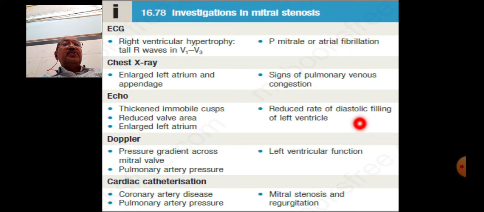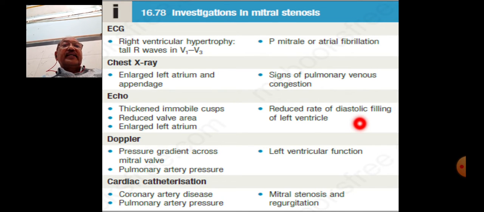Investigations. ECG: you can find P mitrale or atrial fibrillation, RV hypertrophy in the form of tall R waves in V1 to V2. Chest X-ray: straightening of the left border, enlarged left atrial appendage, and signs of pulmonary venous congestion.